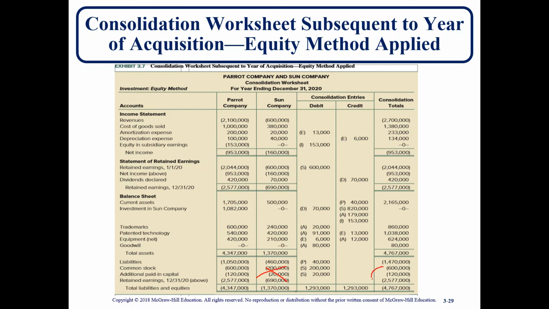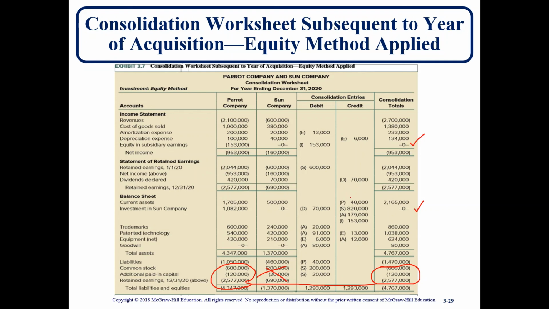Under consolidated totals, the equity section mirrors the parent's again, so we are okay on that. We can see that we have zeroed out our investment in Sun Company, and we zeroed out our equity in subsidiary earnings. And if you trace back the consolidation entries, they should all agree.